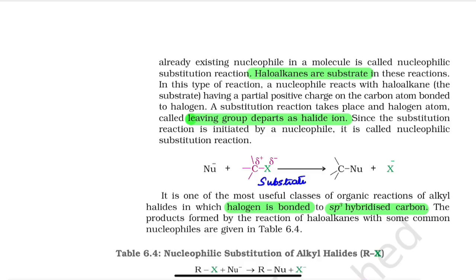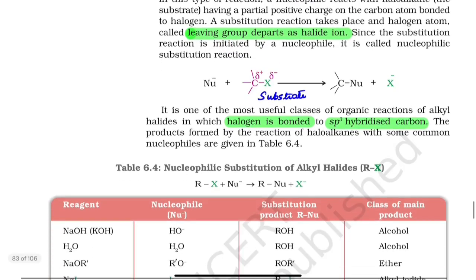In this reaction, Nu minus is called the nucleophile and haloalkanes are called the substrate, and here X minus is called the leaving group. Leaving group departs as halide ion. So X will be leaving as X minus. So X is called the leaving group.